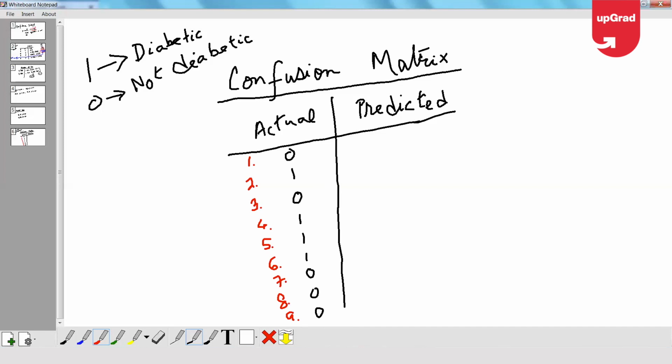Now we want to make some prediction on this data. We look at other parameters like blood pressure level, height, weight, etc., and try to predict whether this person is likely to be diabetic or not.